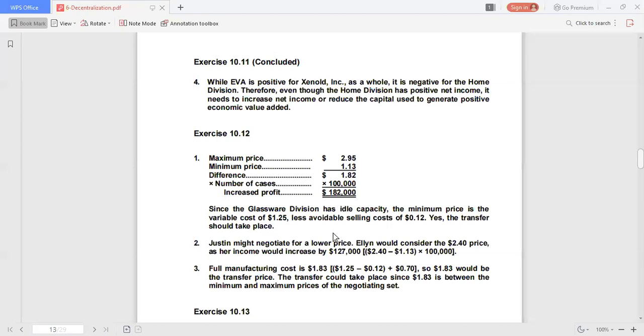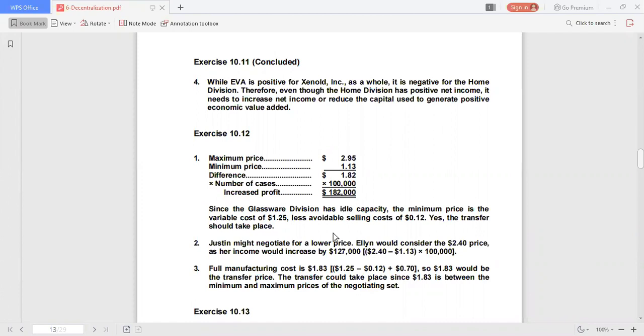So 1.83 would be the transfer price. The transfer could take place since 1.83 is between the minimum and the maximum prices of the negotiating data.